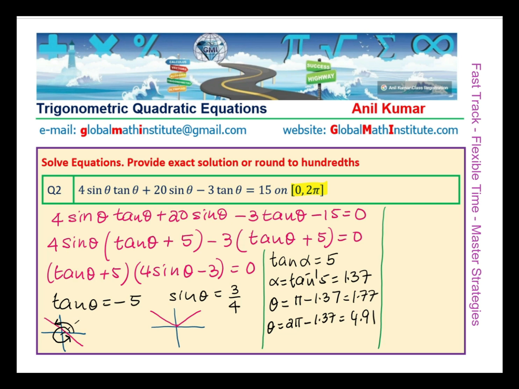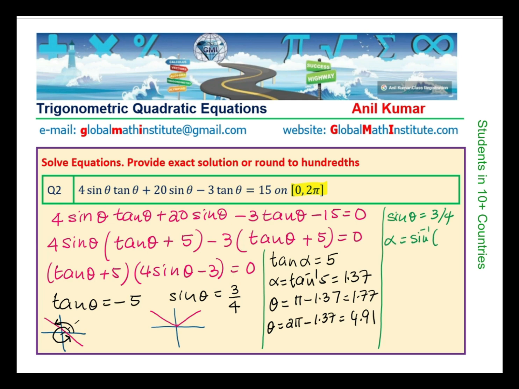Now 3 by 4 is positive. We can find angle alpha. So sin theta equals to 3 by 4. So alpha equals to sine inverse of 3 by 4, which is, let's use the calculator once again, shift sine inverse 3 by 4. And that gives us 0.848.